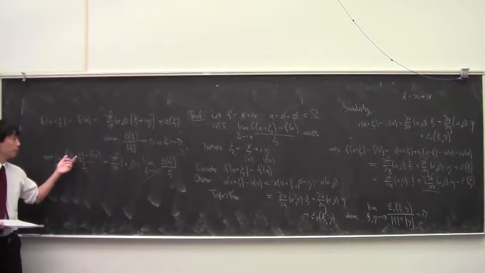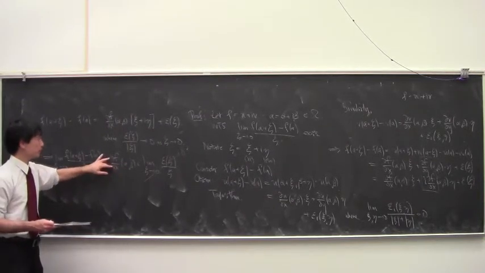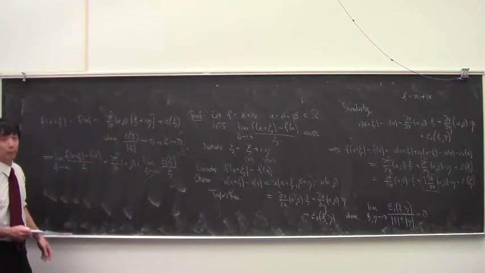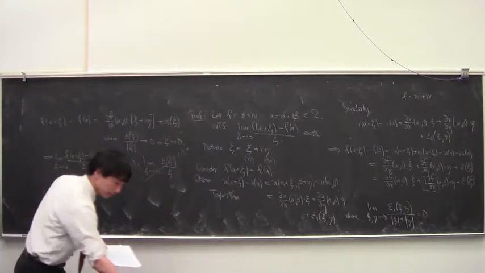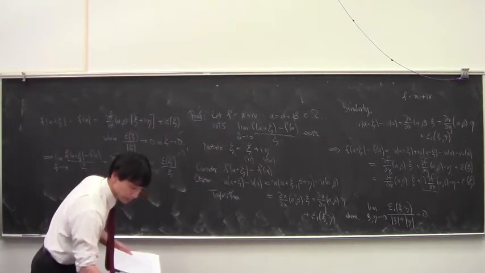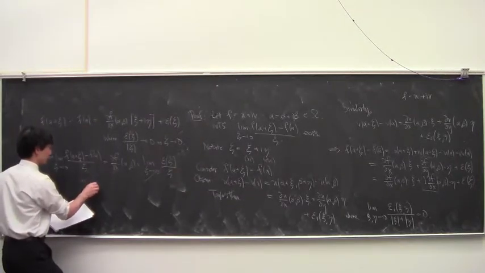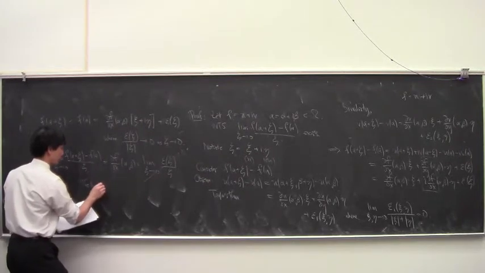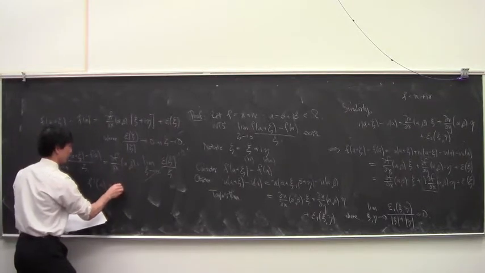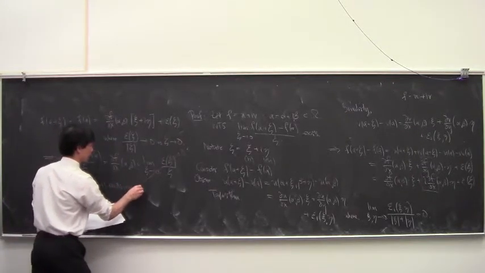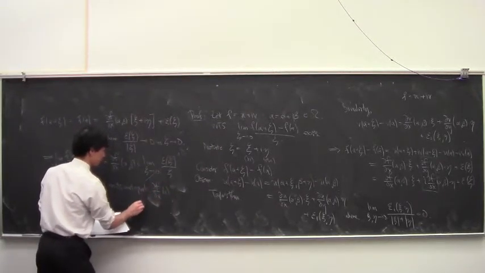And so the function is differentiable, and the derivative turns out to be df dx, which is what it should be. So the limit exists. So f prime a exists and equals df dx, as it ought to.